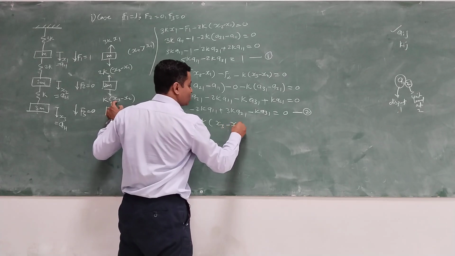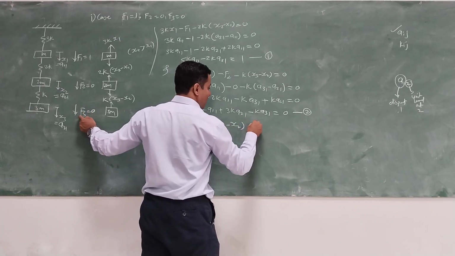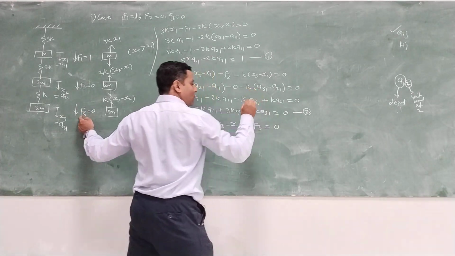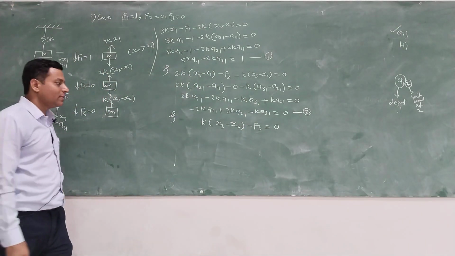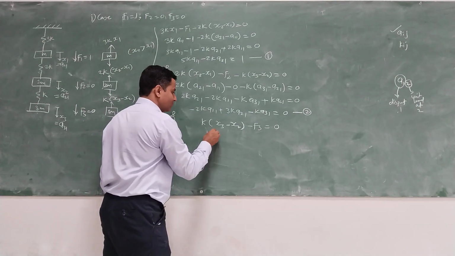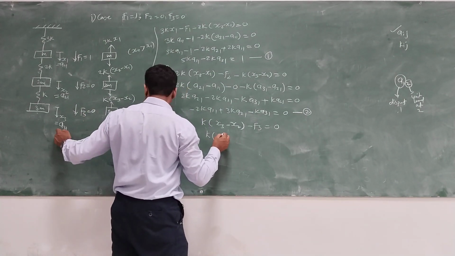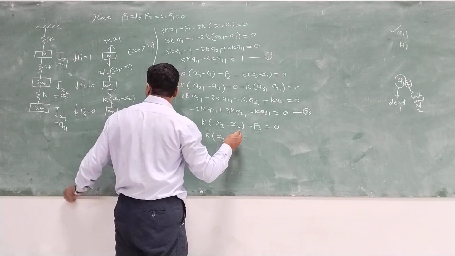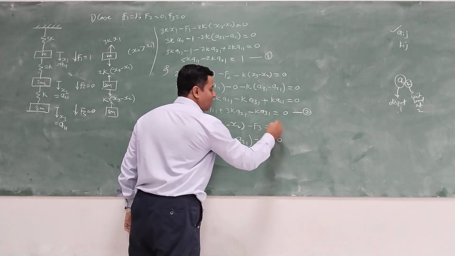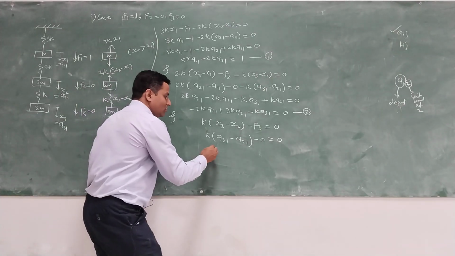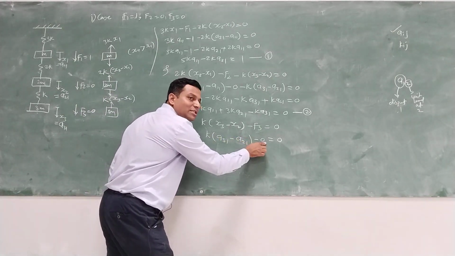k(x3 minus x2) minus f3 is equal to 0. These are the two forces for mass 3. K, what is x3? a31 minus x2, a21 minus 0 is equal to 0. So this term is 0.